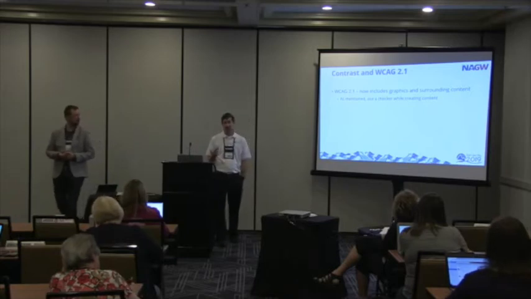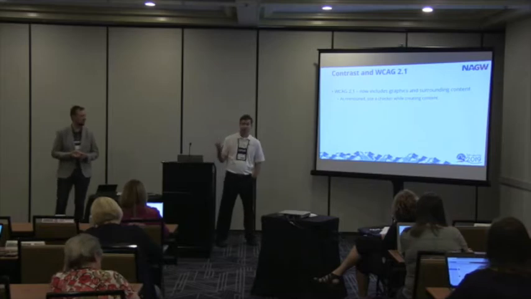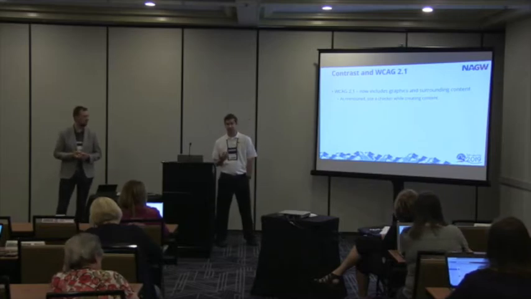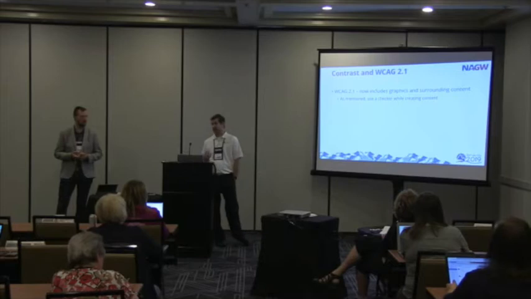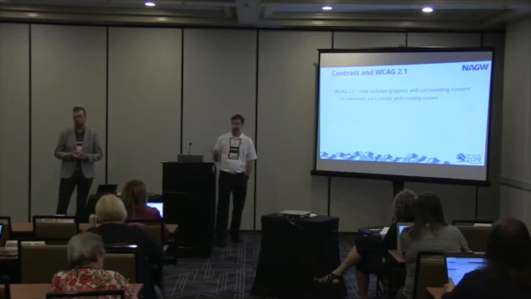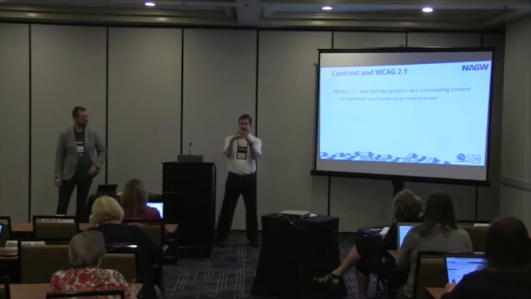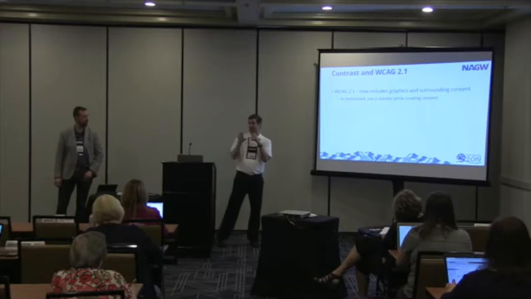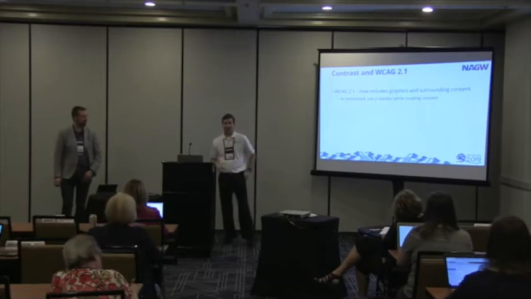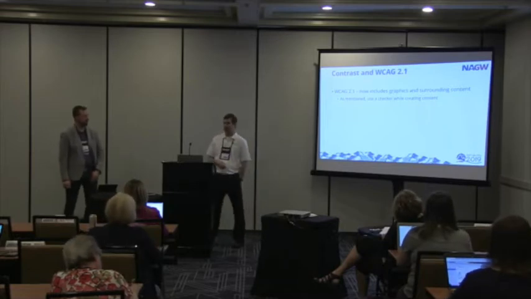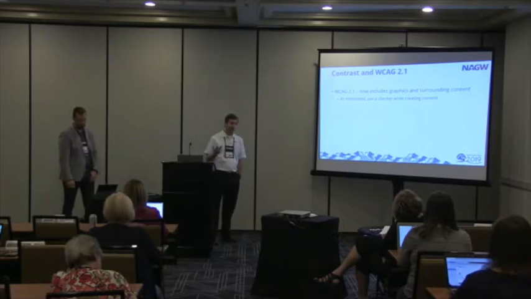So in WCAG 2.0, along with the large text, logos are actually exempt from contrast check. However, in WCAG 2.1, the logo itself is still exempt, but the contrast between that logo and its adjacent colors needs to be at least 3 to 1. So that's new to WCAG 2.1.